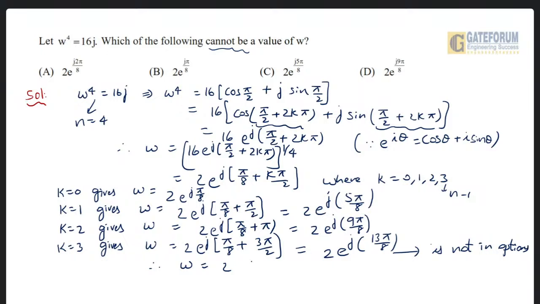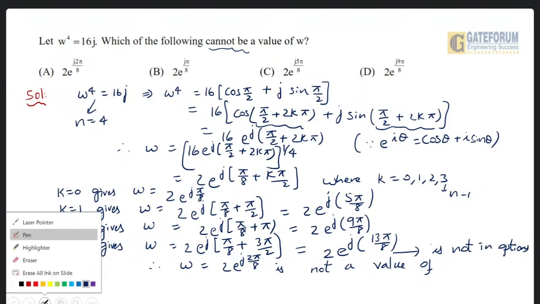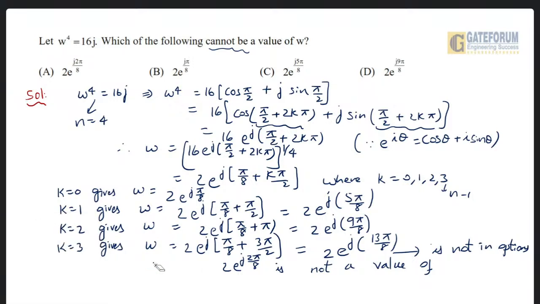So w is equal to 2 times e to the power j times 2 pi by 8 is not a value of w. Accordingly, A is the option. This is the answer.